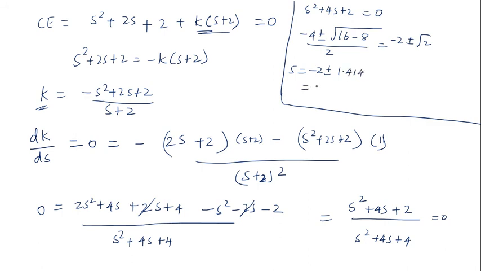So minus 2 plus 1.414 gives minus 0.585, and minus 2 minus 1.414 gives minus 3.414. Now let us see where these two points are located on our locus.